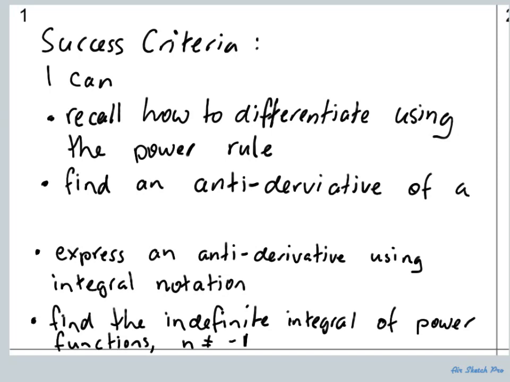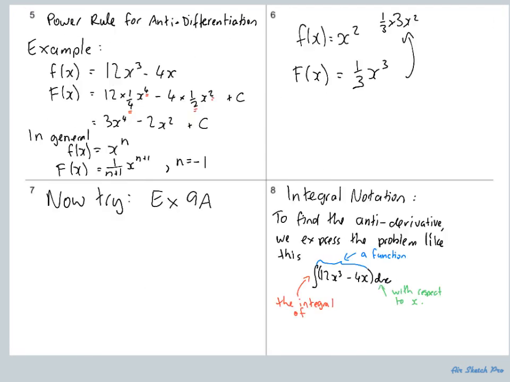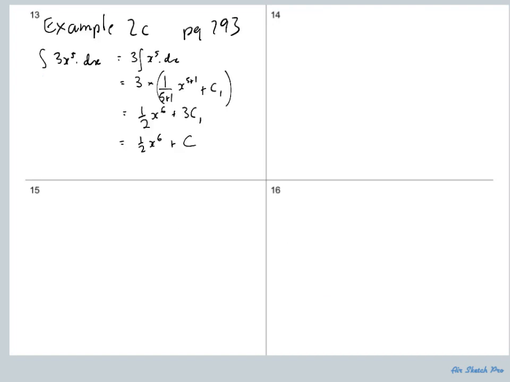And then find the indefinite integral of power functions, n not equal to negative 1. So that's what you're going to practice now. In 10 minutes time, I'm hoping you'll be able to look back at that success criteria and make a judgment as to whether you are feeling proficient or not. And if you're not, what are you going to do about it? For the last part of the lesson, we are looking at page 294 and working your way through exercise 9B. And that will do us for today. I'll come around and help you.